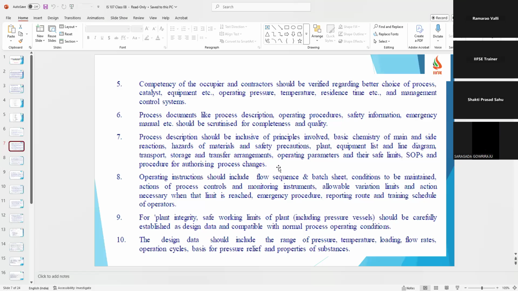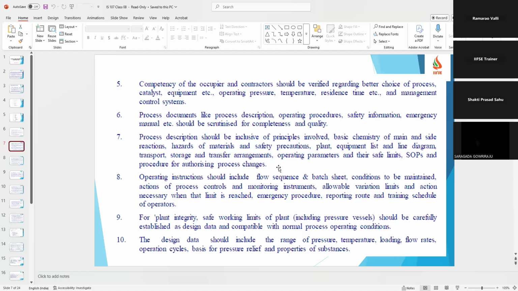When you say utilities: hot oil, steam, water, brine, chilled brine, etc. So these all are the utilities we use to increase or reduce the process temperatures. Okay. Then safety precautions which are there. Then plant and equipment list, and also the diagram, transport, storage, and transfer arrangements, operating parameters, and their safety limits. SOPs and procedures are authorizing process changes.